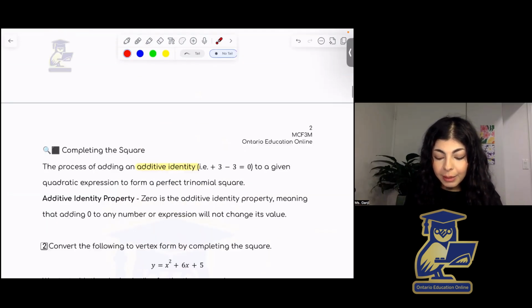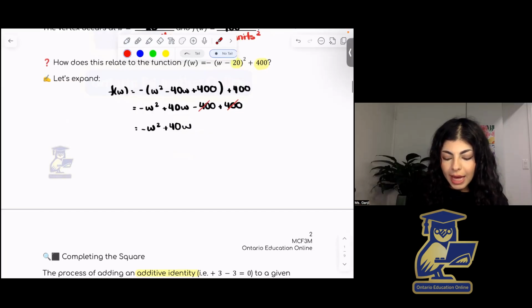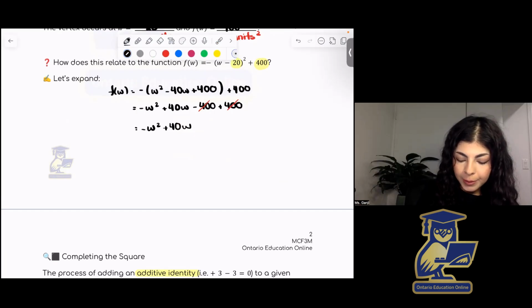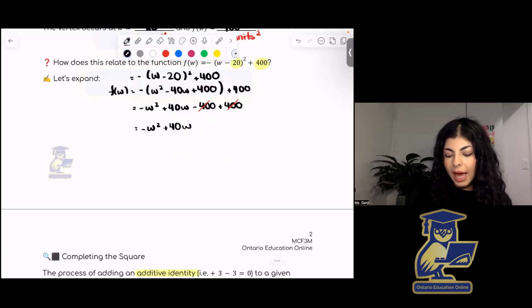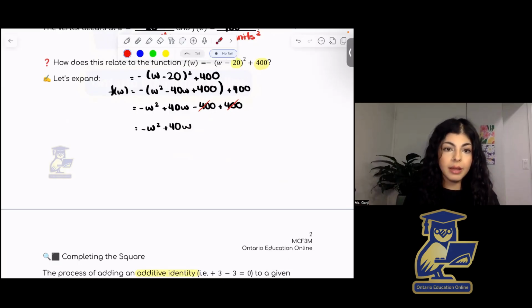And that was what we saw here. We had that additive identity, negative 400 plus 400, which was added in order to use that negative 400 and make a perfect square here, which was our negative w minus 20 squared.